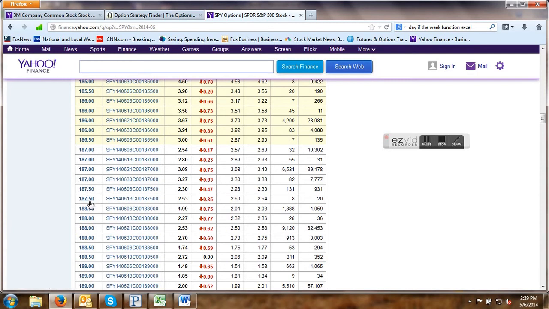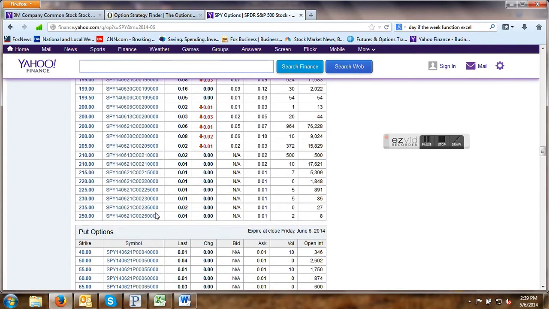So I got a 186.50 that's in the money. We'd probably do, say, 185.50. Again, we're interested in the one with the highest number. In fact, let's just do the 185 call. So we long a 195 call.